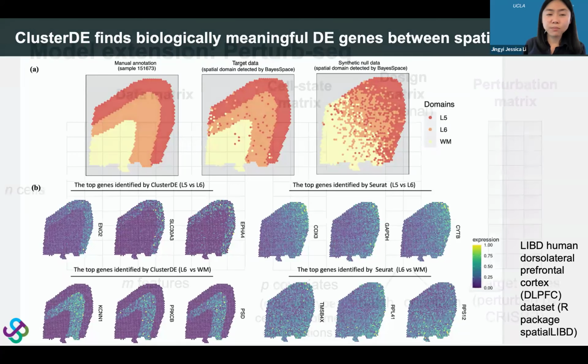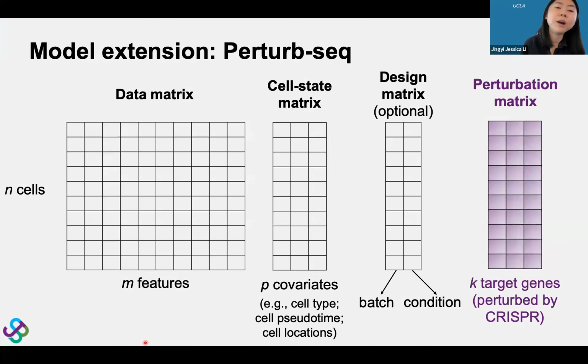Furthermore, we think this model can be generalized to perturb-seq data, which is another type of single-cell technology where people add perturbations by the CRISPR gene editing technology to knock out certain genes. Therefore, in every cell, you would know which genes are targeted.